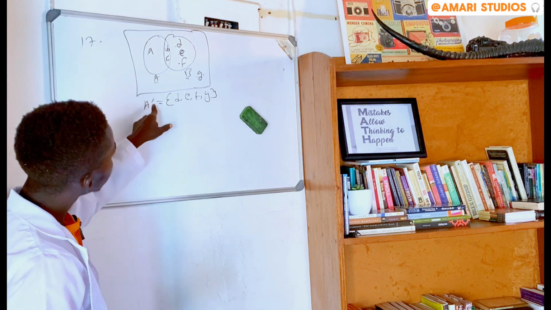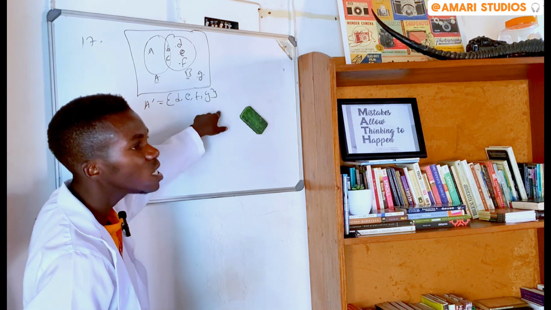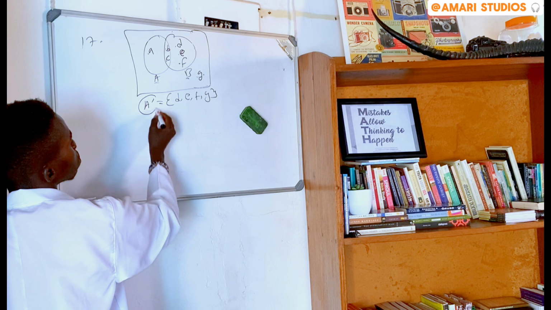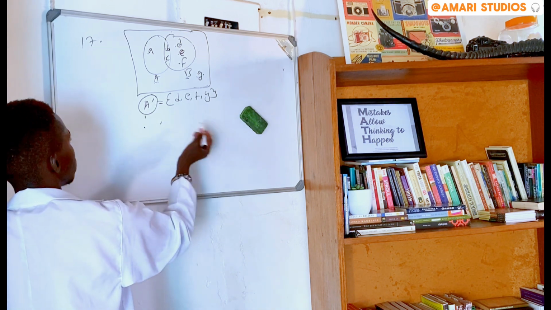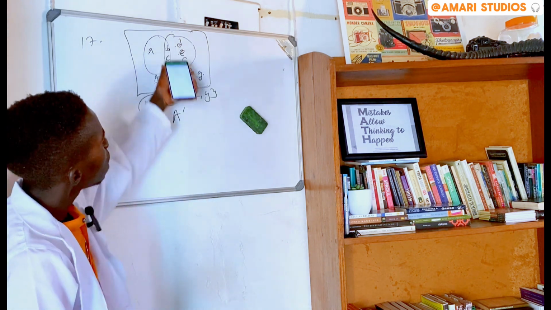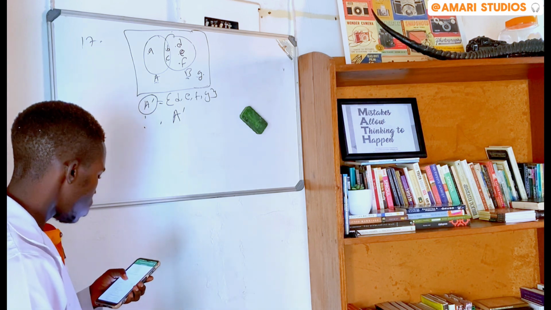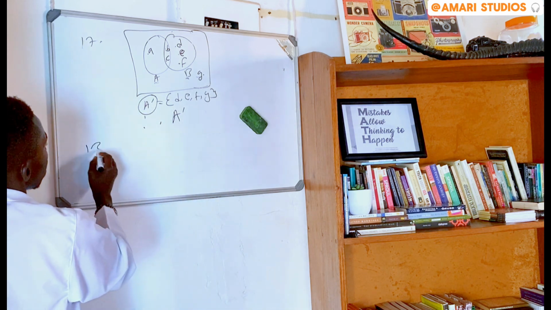If you say A complement, you're going to get D, E, F, and G. Therefore, the set notation is a complement, because a complement represents those elements. Without wasting much of our time, we move on to the next question.